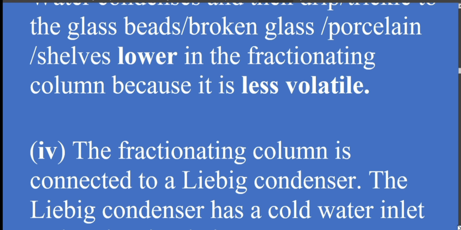But in this one, we have a fractionating column that ensures the one that has not reached the boiling point remains in the fractionating column on the lower end, while the one that has reached it is in the fractionating column on the higher end.